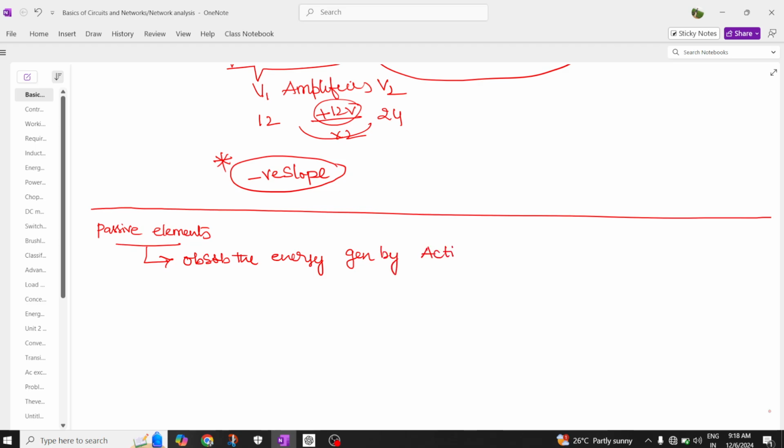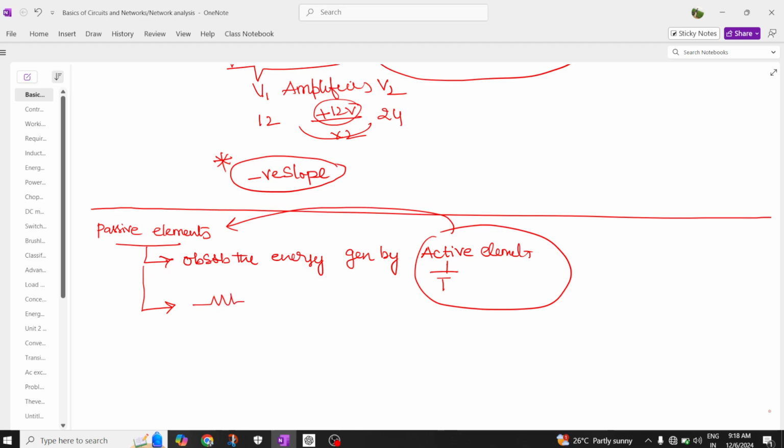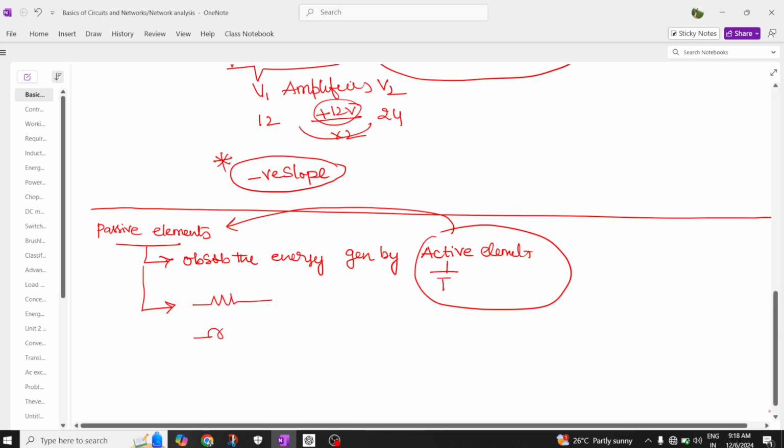I already told you the examples of active elements, like a battery. They generate the voltage that is absorbed by the passive elements. The passive elements are a resistor, an inductor and a capacitor. This is R, this is L, this is C. If you write it in AC form, we can write this as R ohms.